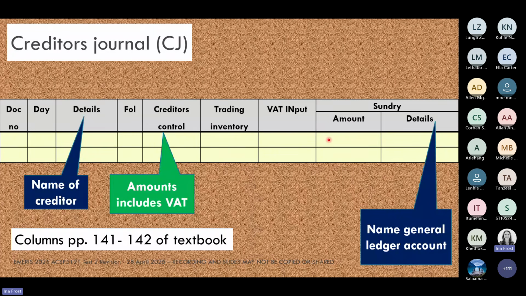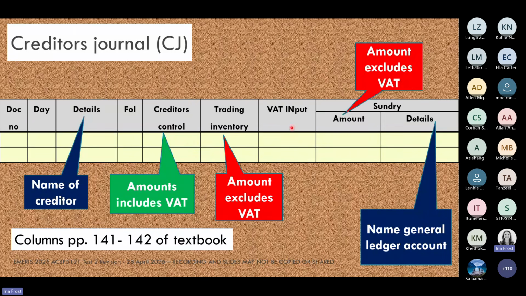Your creditors control column is where you're going to have your amounts including VAT. Your trading inventory and your sundry amounts are always going to be excluding VAT. And then your input VAT column is your 15% VAT. And remember again, if you look at input and output VAT columns, don't forget Learning Unit 3.